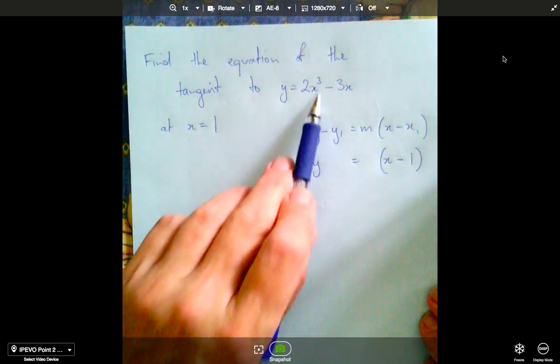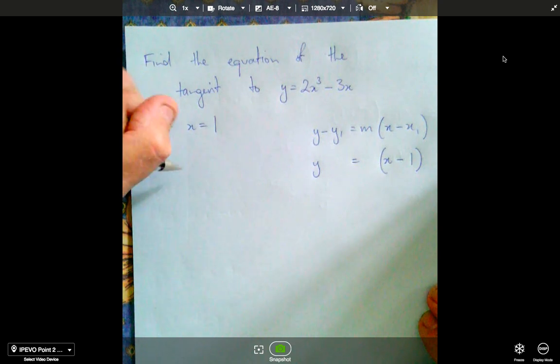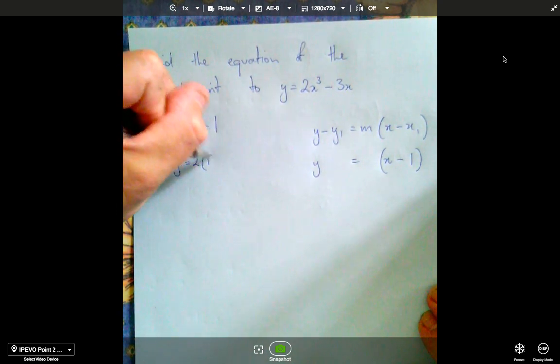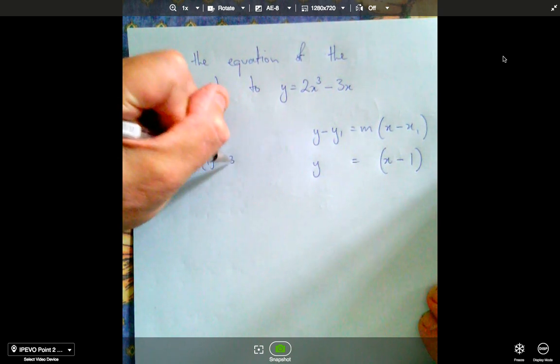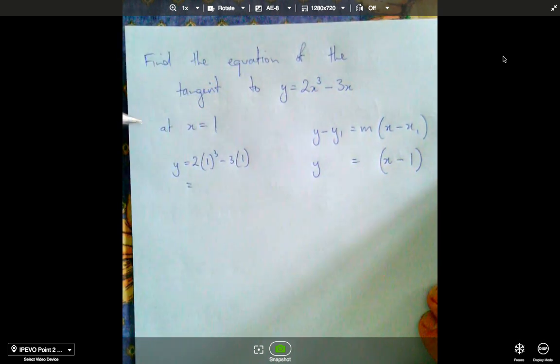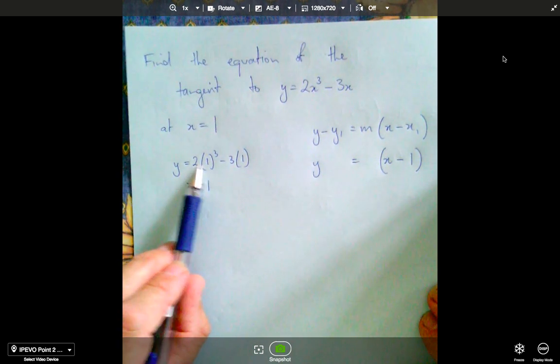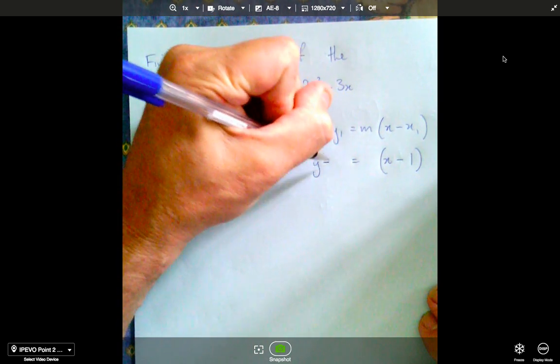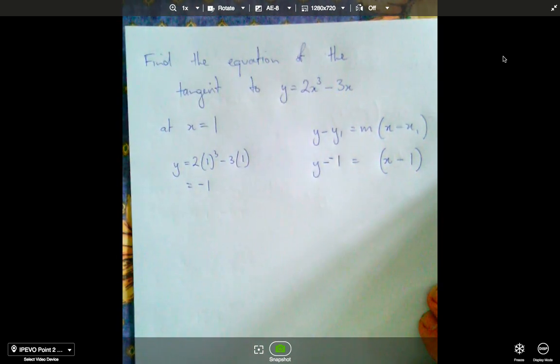So at x equals 1, what does y equal? It becomes 2 times 1 cubed minus 3 times 1, which equals minus 1. 2 times 1 is 2, minus 3 is minus 1. So we know that this is minus 1.